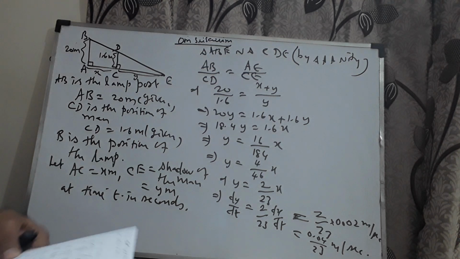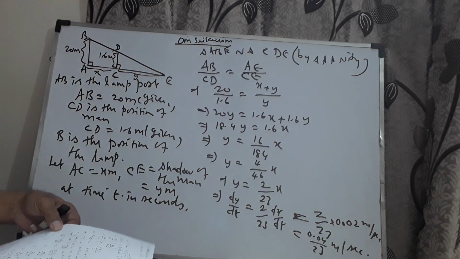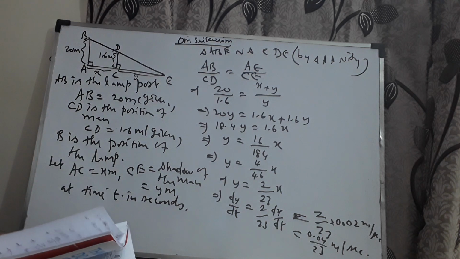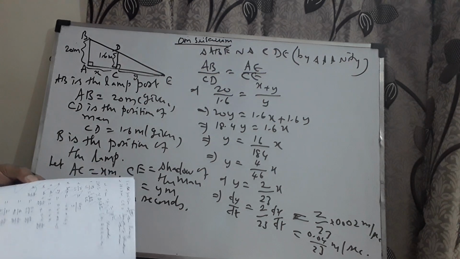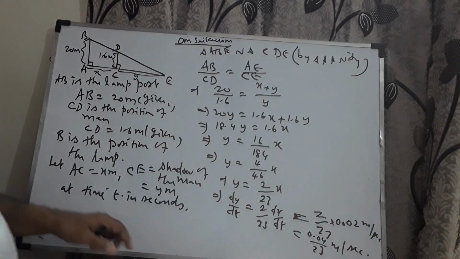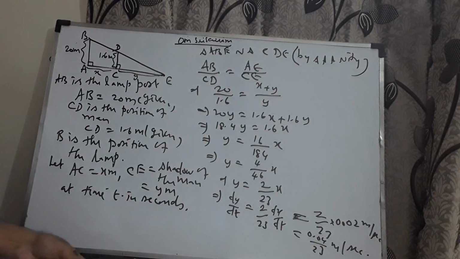Therefore, the shadow of the man is increasing at the rate of 0.04 by 23 meter per second. Or you can leave it in terms of centimeters, 4 by 23 centimeter per second. Either way you can write.